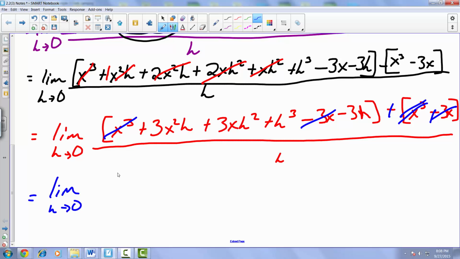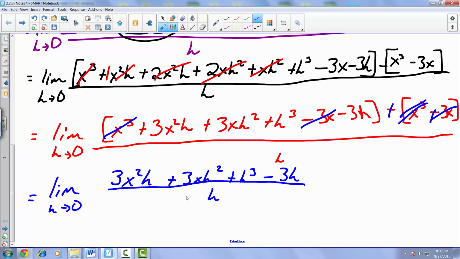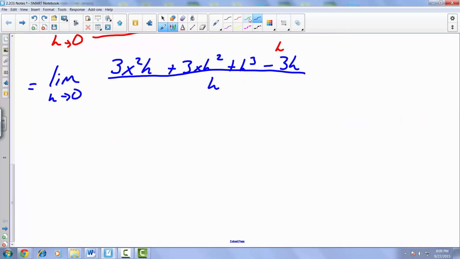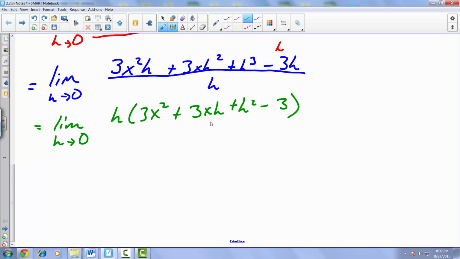So on top we're only left with 3x squared h plus 3xh squared plus h cubed minus 3h all over h. And from here we can go ahead and factor out an h on top. So then we end up with the limit as h goes to 0 of h times 3x squared plus 3xh plus h squared minus 3 all over h. Here you can see that they cancel out.